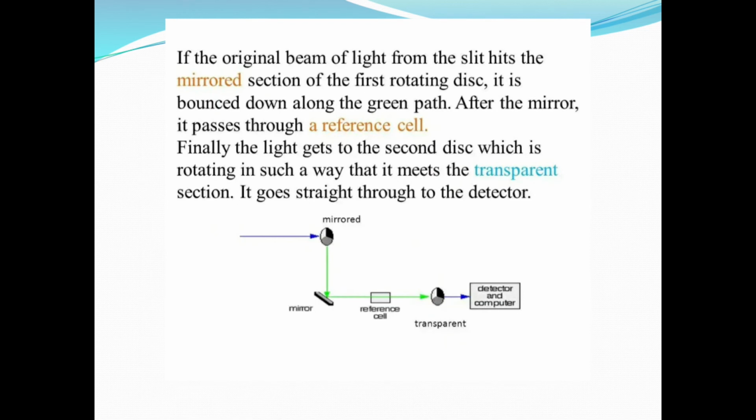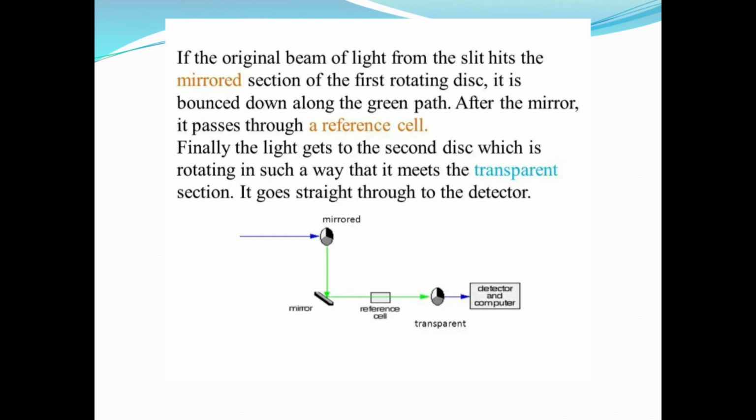If the original beam of light from the slit hits the mirrored section of the first rotating disc, it is bounced down along the pathway. After the mirror, it passes through the reference cell. Finally, the light gets to the second disc, which is rotating in such a way that it meets the transparent section.